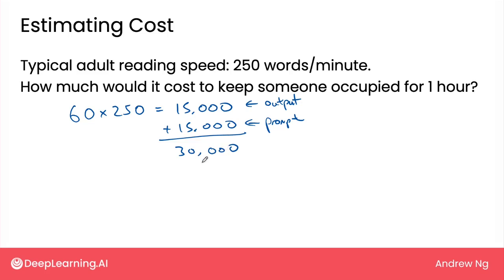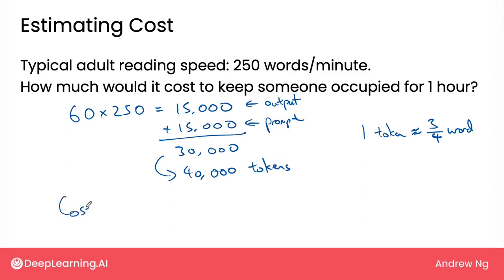And as we saw on the previous slide, because each token corresponds to roughly 3/4 of a word, 30,000 words corresponds to about 40,000 tokens.